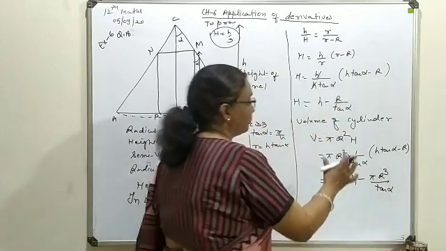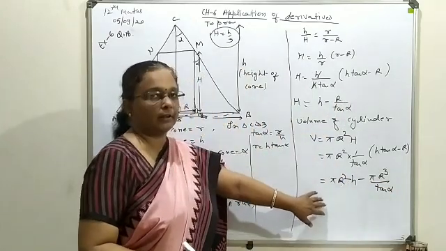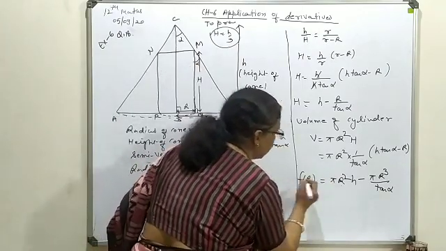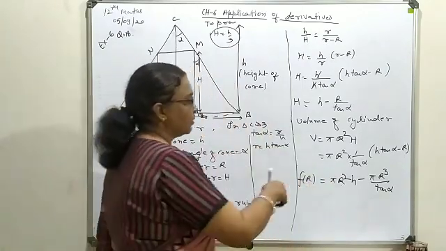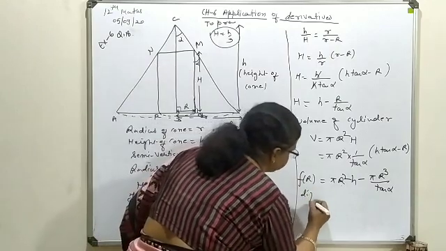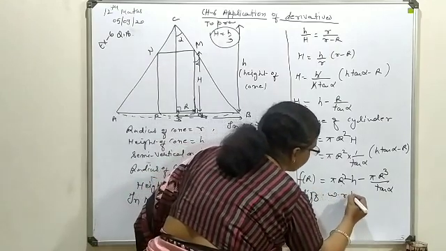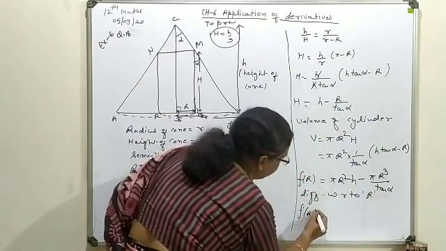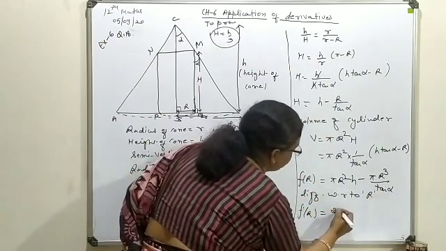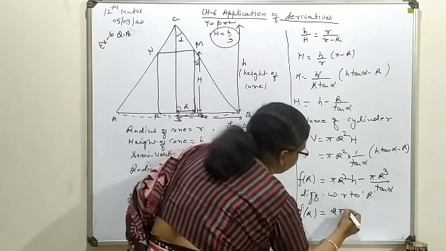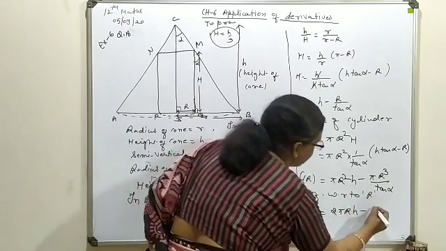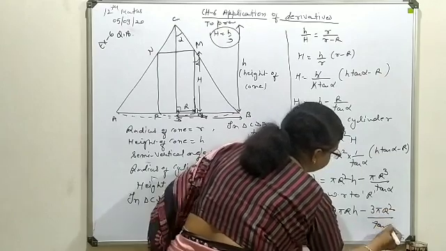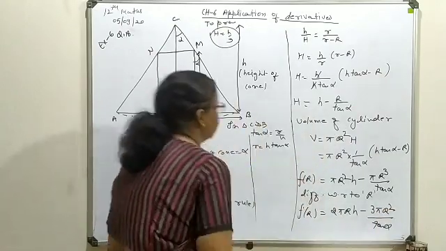Here you can see this is totally converted in the form of r, meaning it can be expressed as a function in terms of r. So differentiate it once. This will give you f dash r, means 2 pi r H minus 3 pi r square upon tan alpha. For maxima and minima here we will talk about it.